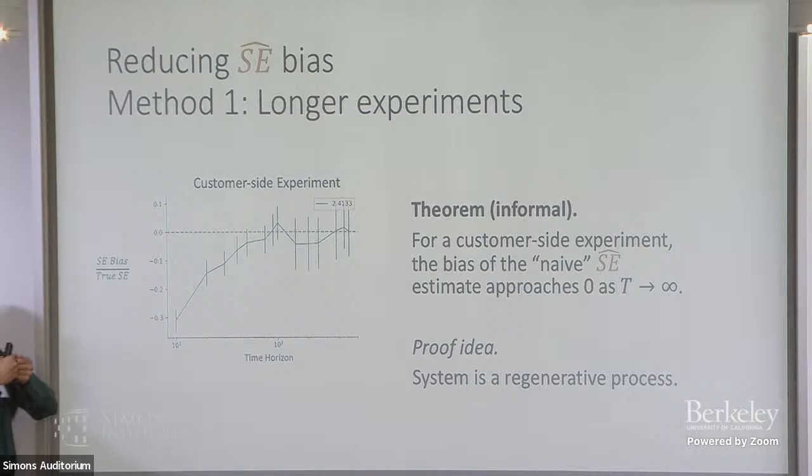If I'm a customer coming to the market and I see 100 available listings, I'm not affected by whoever came just before that. So as a customer you are only affected by people who came in the same chunk or block as you, and you're independent of everyone else. And so on a longer time horizon, you get less bias in your standard error.